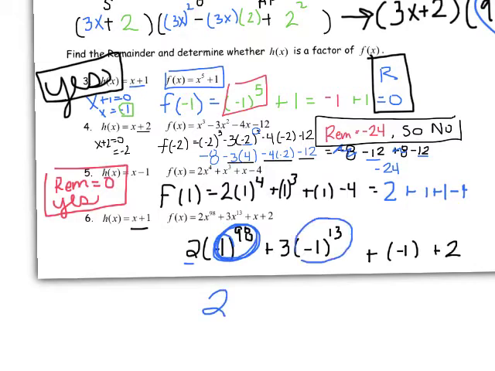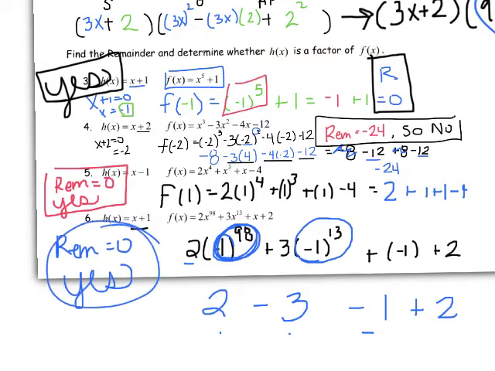This will make negative 1 times 3 is minus 3. Minus 1 plus 2. So 2 minus 3 is negative 1. Minus 1 is negative 2. Add 2 is 0. So this one is another remainder equal to 0. So yes.